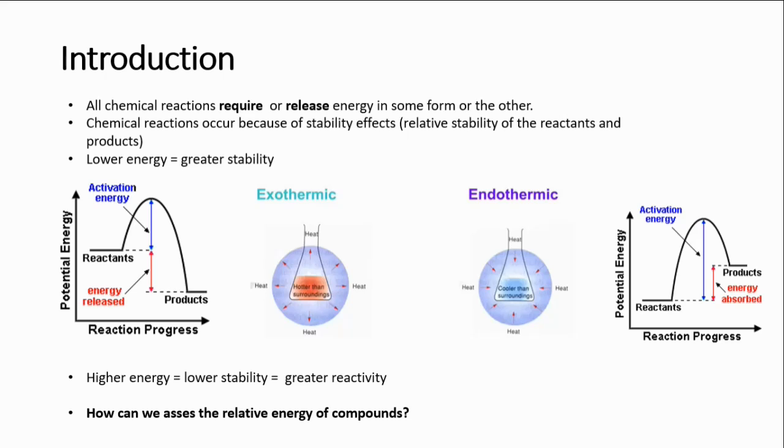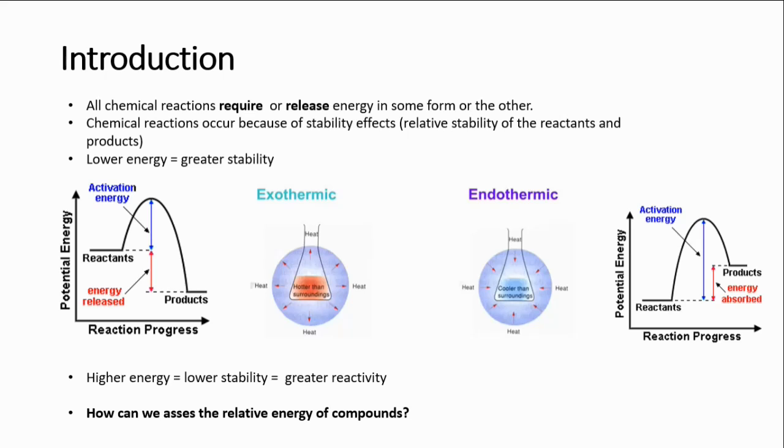Of course, this is not always the case. You could have two reactants coming together to give you a product which is less stable than the two reactants. Such reactions are non-spontaneous, and so they require the addition of energy to force them to happen.